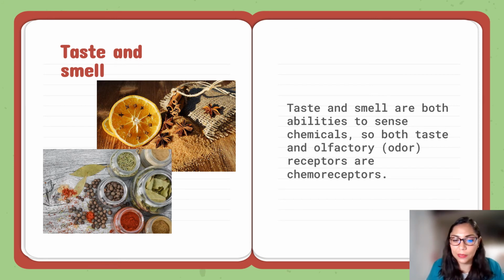So, for instance, our tongue has receptors to perceive flavors or to taste, and our nose has receptors to perceive odors, that are chemicals that are present in the air so we can smell it. So we're going to see the structure of the taste and smell senses.